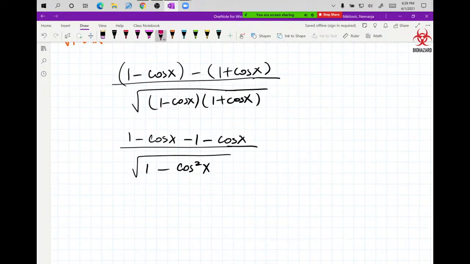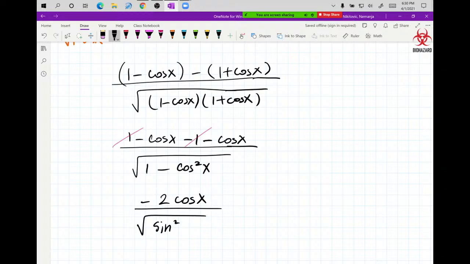Nice. Perfect. 1 minus 1 is gone, leaving us with 2 cosine x on top, and on the bottom we have the square root of sine squared x, and there you have it. Negative 2 cosine x over sine x, which is negative 2 cotangent x.